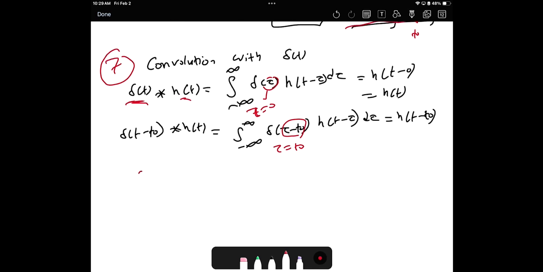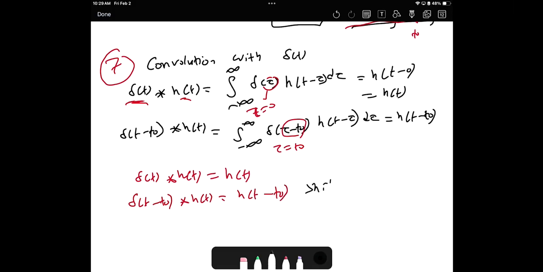So in summary, whenever we say delta of t convolved with h of t, it will be h of t, the function itself. It's simple, looks like you are multiplying by 1. Whenever you make the convolution with delta, the function itself, no change at all. Whenever you do it with delta of t minus t0, it is the same function, but it will be shifted by t0. Okay?